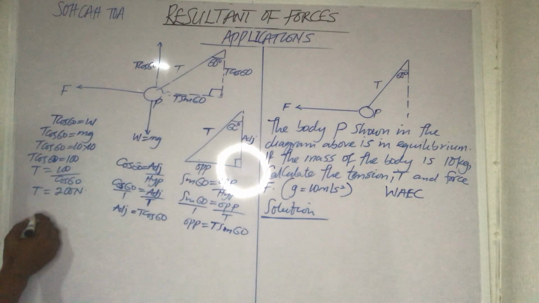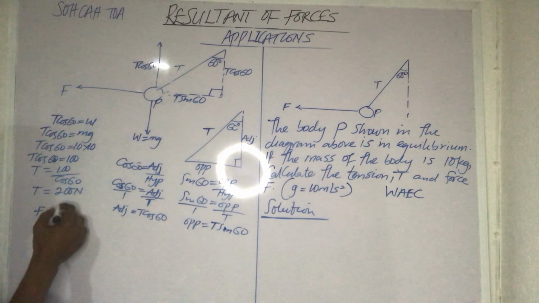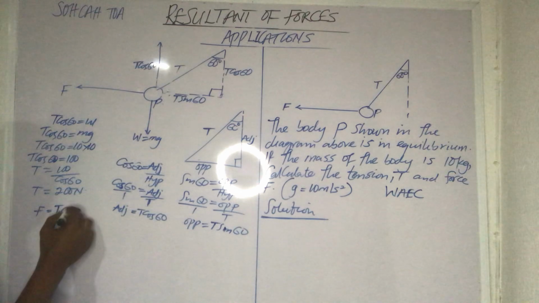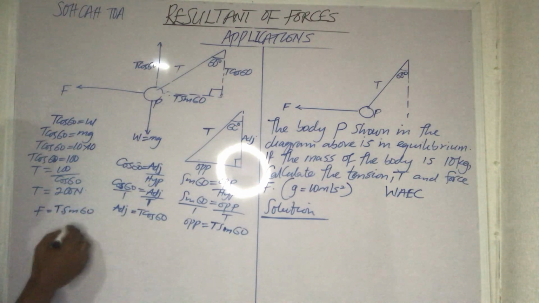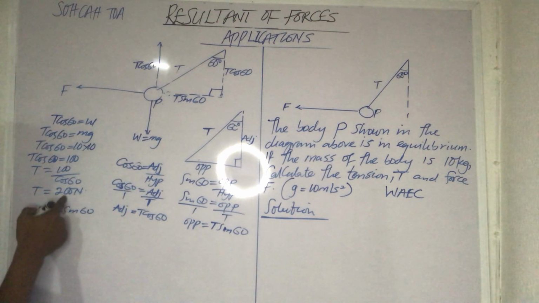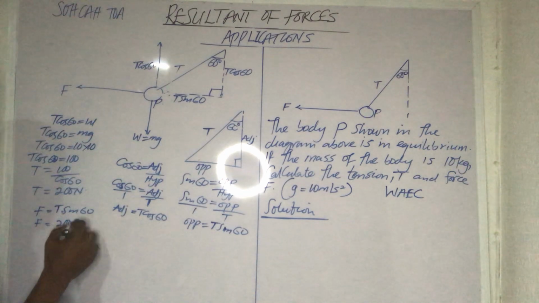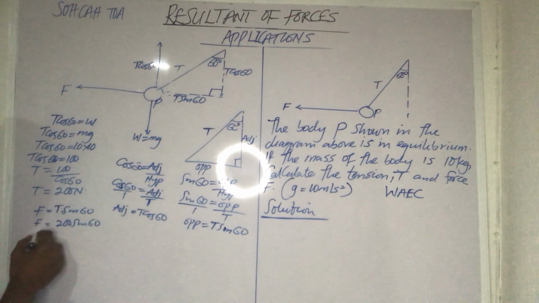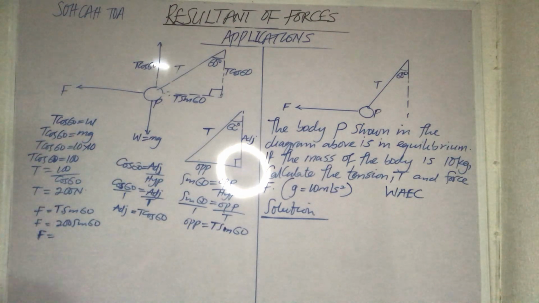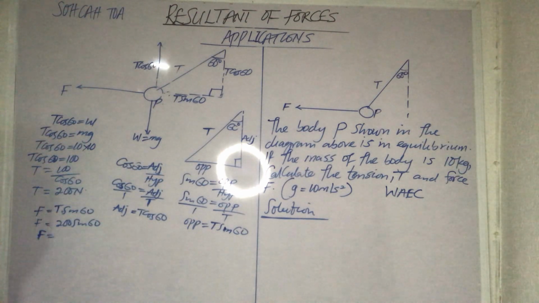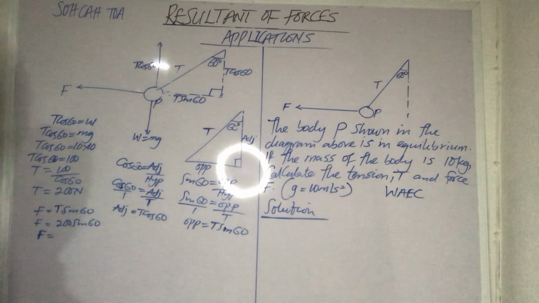That means F should be equal to T sin 60. And my T now is 200, we have gotten T. That will now be 200 sin 60. So you have F is equal to 200 sin 60. That will give me 173.2.